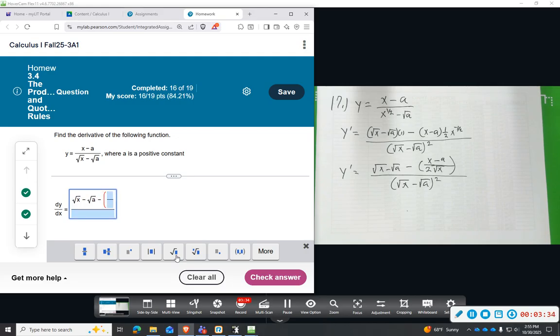There we go. (x minus a) over 2 times the square root of x, all over (square root of x minus square root of a), and this whole thing is squared.